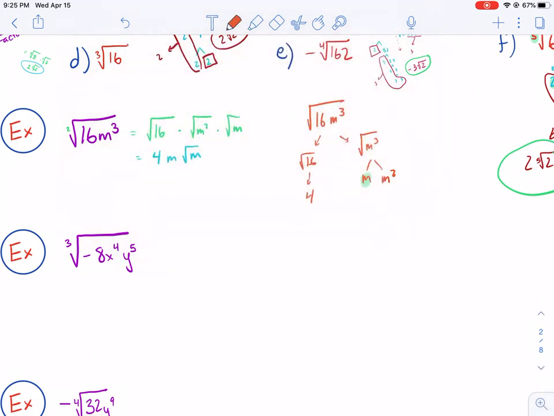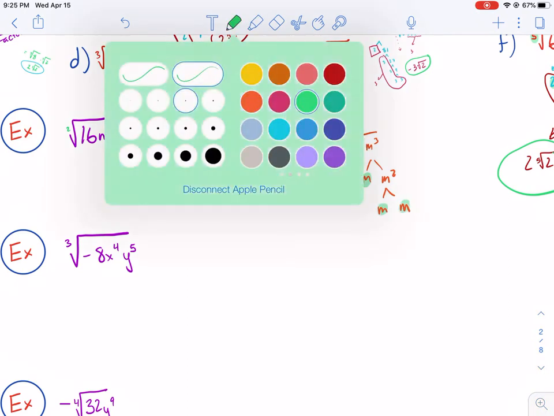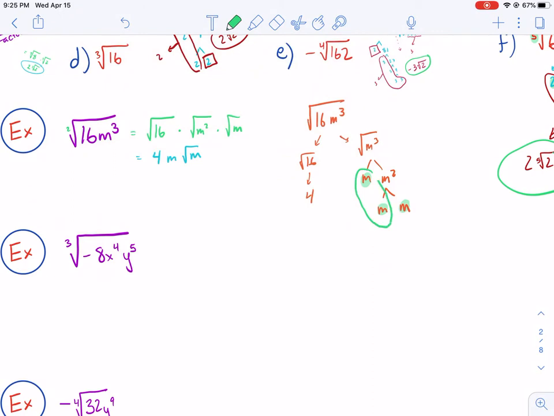M squared can still be broken down into m times m. Now we have all our prime factors of m cubed. We're going to circle 2 of them, so that means one m comes out and then 1 stays home. So we have m radical m, and that's why we got this over there.